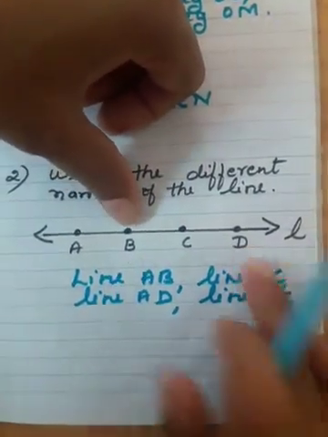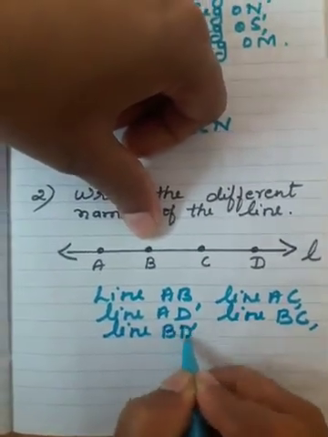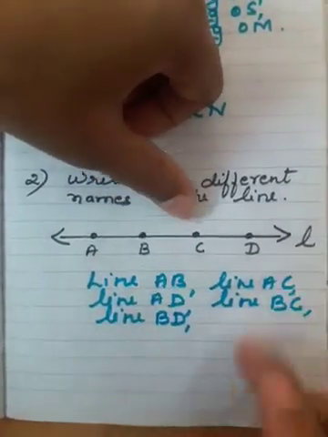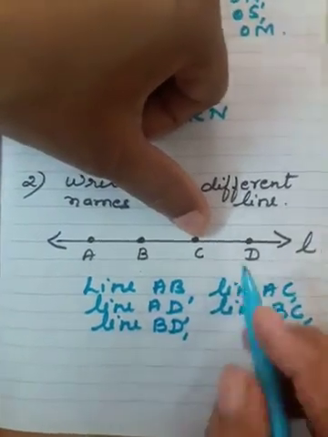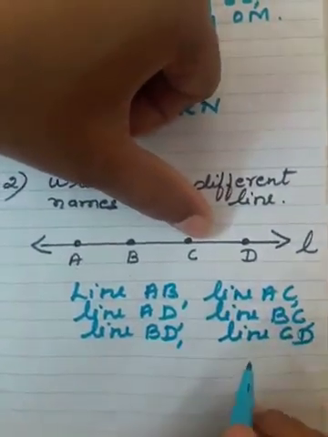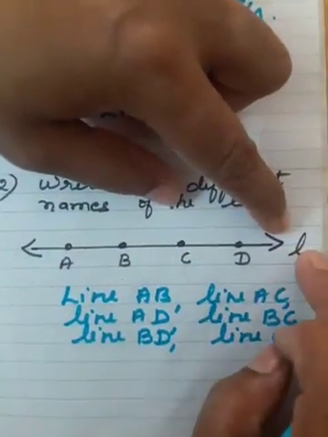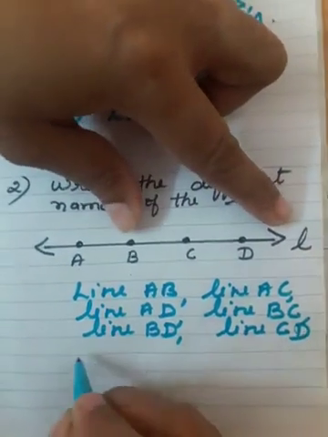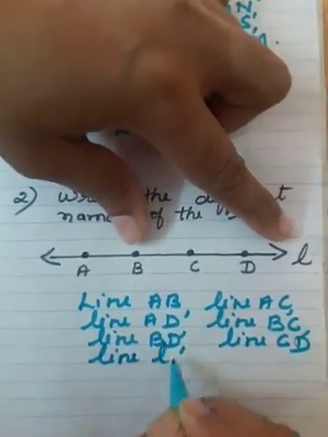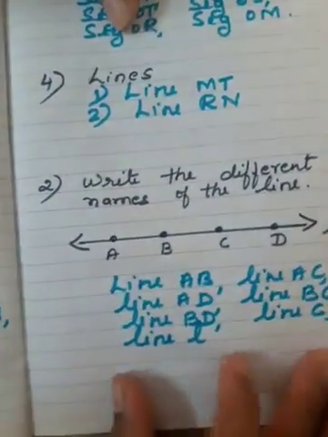Next line BD. Okay, next starts from C letter. Line CD. Okay, next here also this line is named using a small letter also, so it is named as line L. So these are the different names of the line.